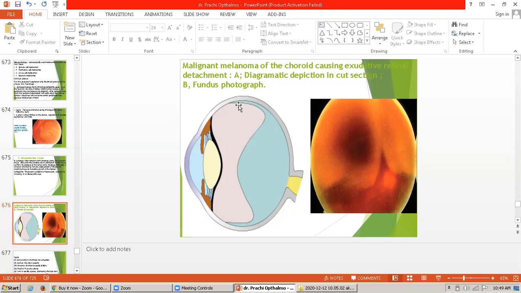So this is diagram A. In that we can see in the cut section how the malignant melanoma of choroid causes exudative retinal detachment. So this is the malignant melanoma, and this is the fundus photograph.